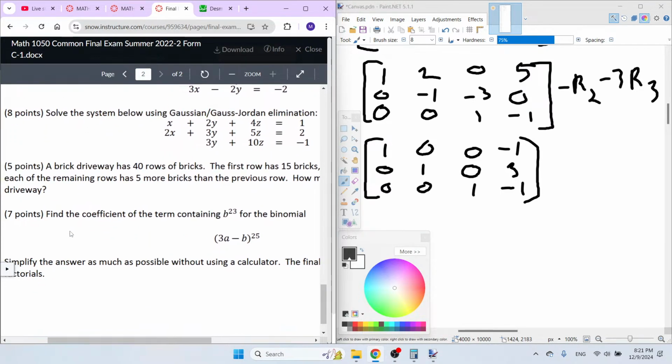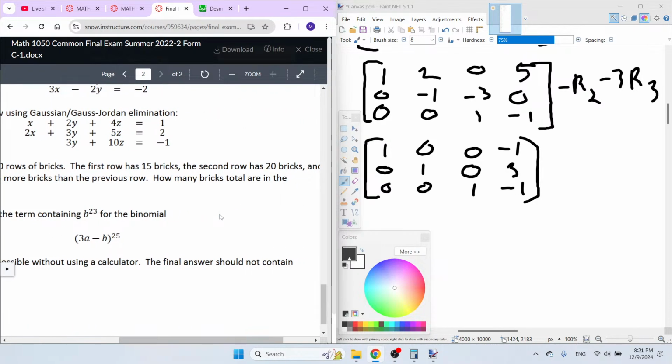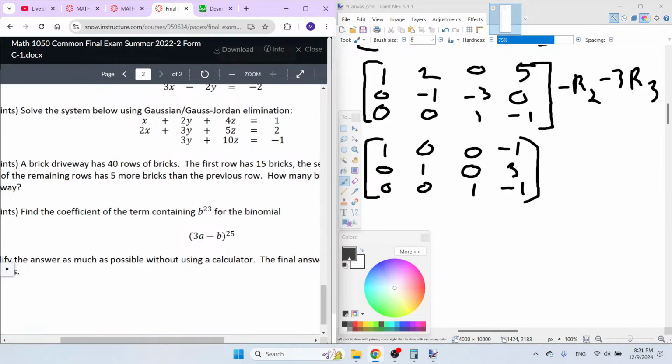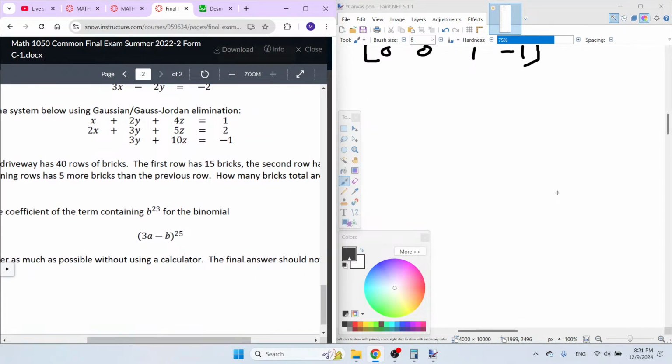A brick driveway has 40 rows of bricks. First row has 15, second has 20, and each of the remaining rows has 5 more than the previous row. So we have, we can do this a few different ways, but I'm going to say i equals 1 to 40.